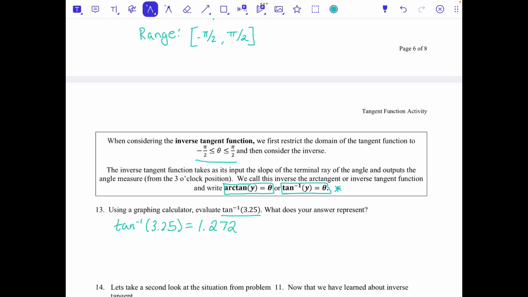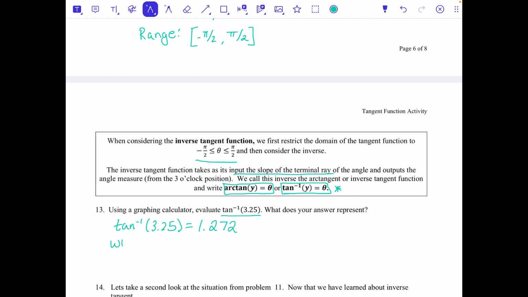So let's talk about what our calculator just gave us, because it's important to not only be able to find the function on your calculator, but then understand the numbers that they're giving to us. So if we remember, the key with this is the function inputs the slope of the terminal ray.